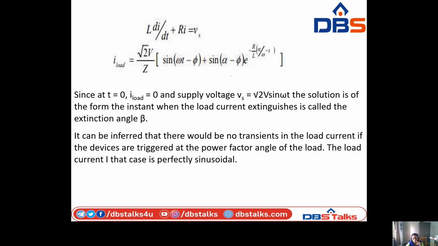Since at t equal to 0 the load current is 0, and the supply voltage Vs equals root 2 Vs sine omega t. So this is the solution, and the instant when the load current extinguishes is called the extinction angle beta. It can be inferred that there would be no transients in the load current if the devices are triggered at the power factor angle of the load; then the load current is perfectly sinusoidal.